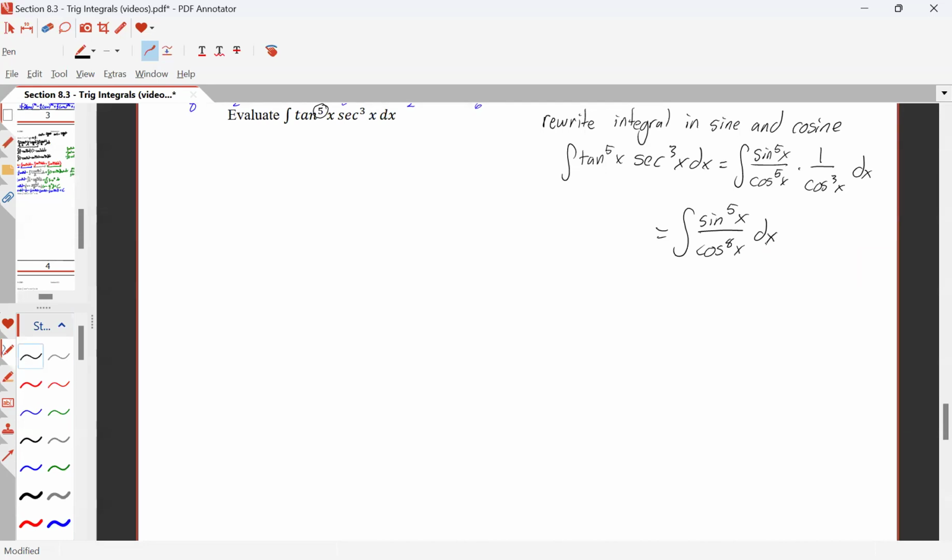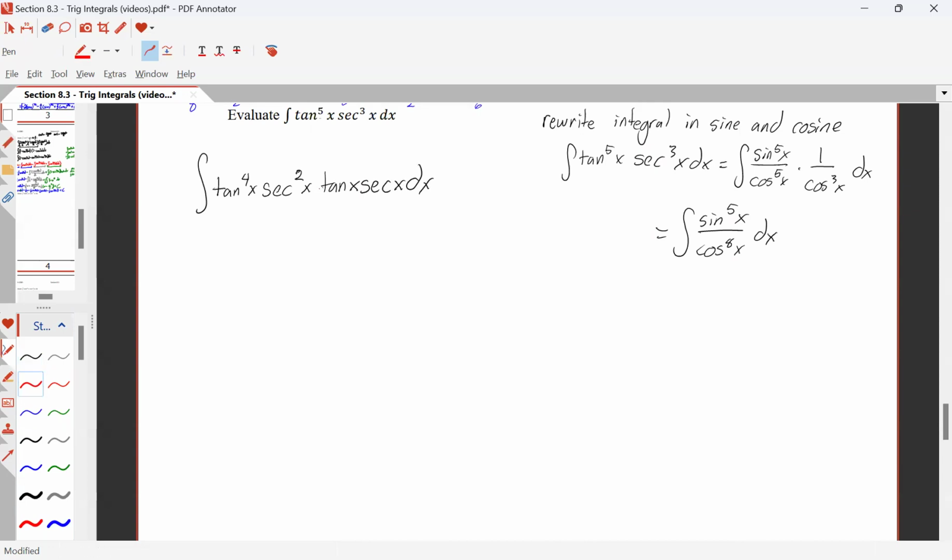However, when tangent is odd and we're multiplying by secant, there is another strategy we can use. And that is that we can pull out a tangent times secant. So factoring out a tangent times secant, we get the integral of tangent to the fourth secant squared x times tangent x secant x dx.